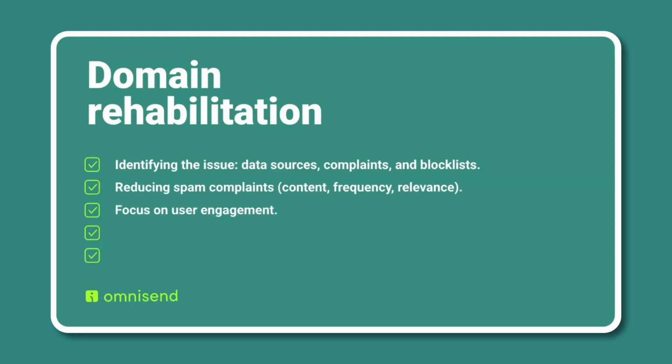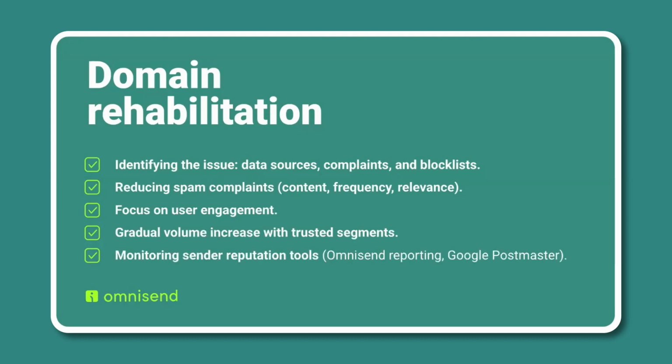And I'll just list those here for you so you can see the steps. The most important part here will be, if you have issues that you identified, the best thing to do will be to pause all sendings for a certain amount of time, and to gradually ramp up the volume over time, the same way you're warming up a new domain.